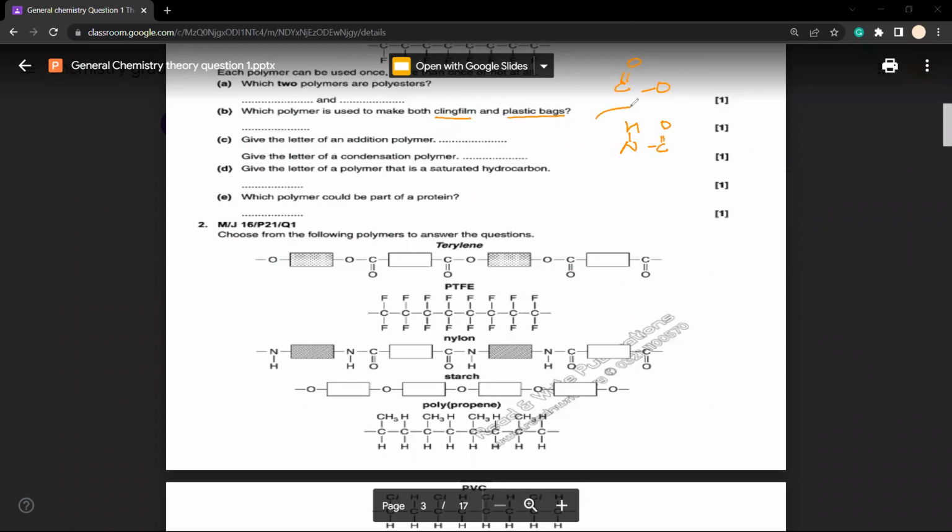Those are the examples of addition polymers, and we can call them plastics, because they are non-biodegradable. So it can be propene, it can be polypropene. We have to look for an example, just one, which is used to make cling films. Let's see the options above.